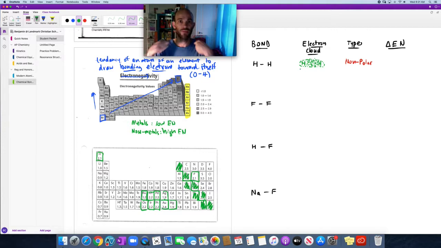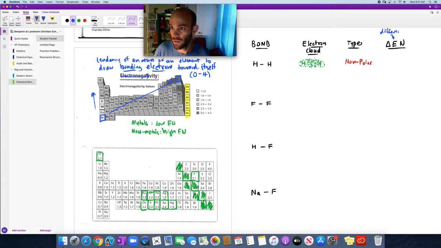But it would be a really symmetrical electron cloud around this molecule. Hydrogen atoms have the same electronegativity value. Each one of these atoms has the same tendency to draw those bonding electrons toward itself, and so there is no difference in electronegativity values. So there's a 0 difference. Let's go with blue. The difference in electronegativity, that's what delta means here.